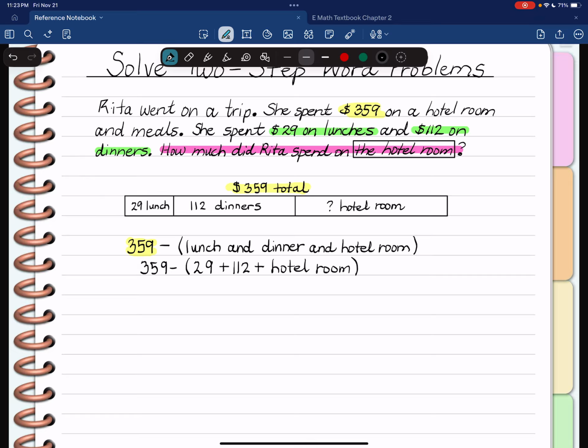So now let's go ahead and combine these two numbers. We can do that. So I'm going to come over to the side and do it because it does not say we can use a calculator. So 112 plus 29 is 141. So I have 359 minus 141. Let's keep that for a minute. Plus the hotel room.